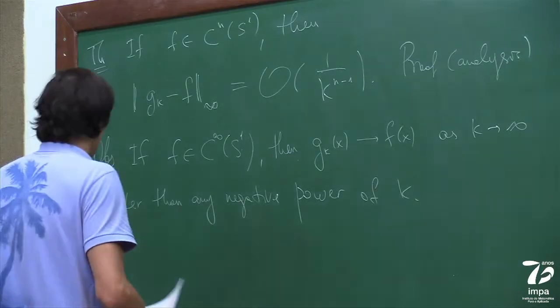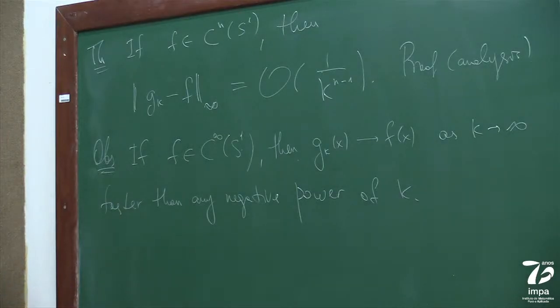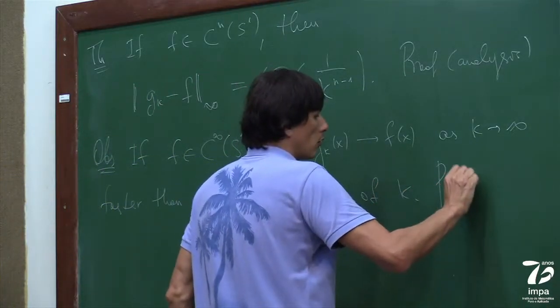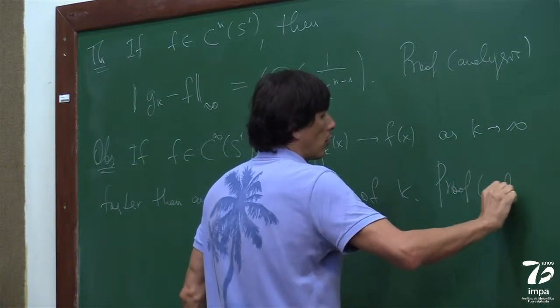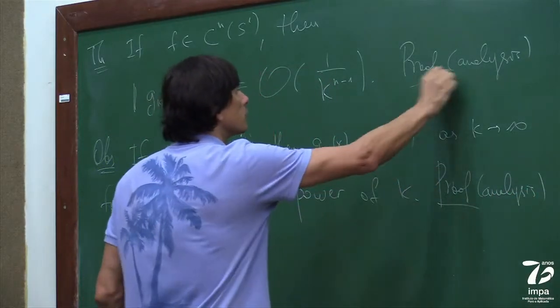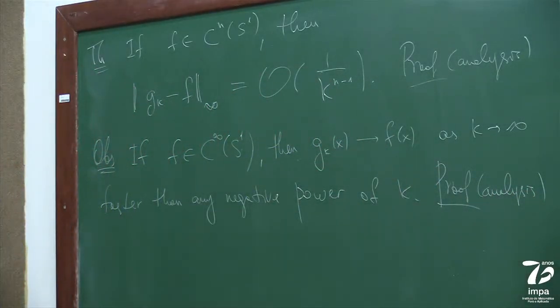So the convergence is exponential for analytic functions. Again, no proof. Actually, this proof you can see in the book. If you're interested, the proofs are rather straightforward.